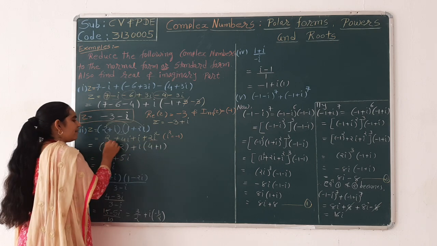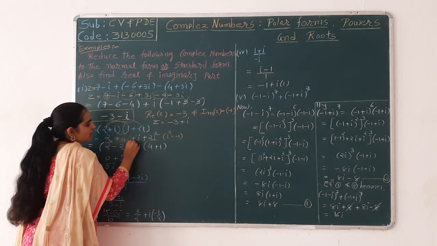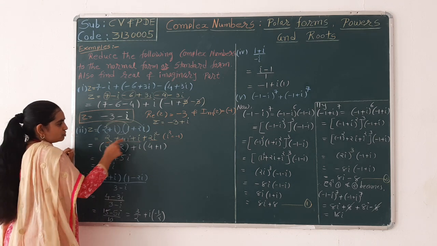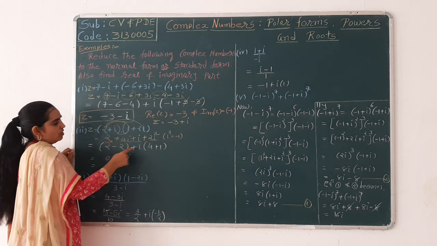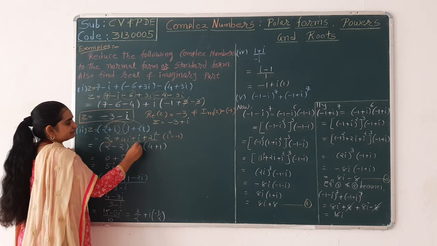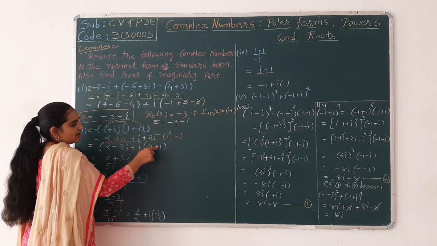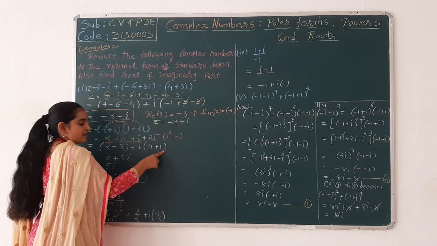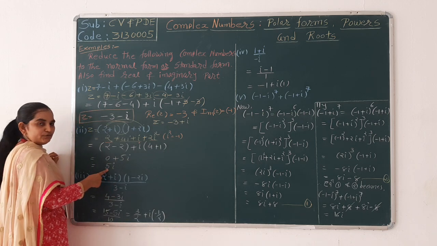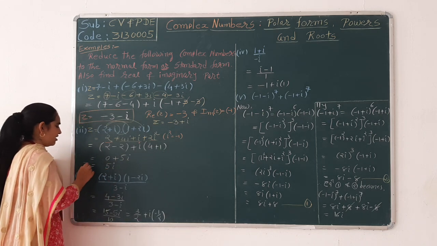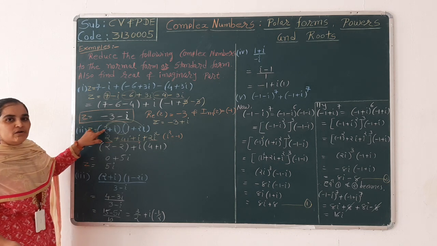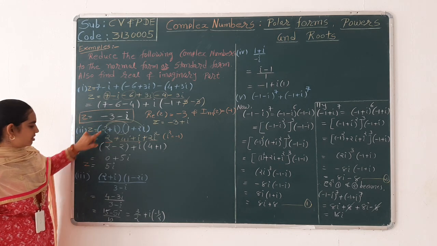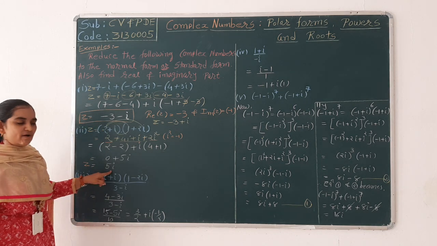This is your real part and this is your imaginary part. That means 2 minus 2 plus I common, 4 plus 1. Now simplify. 2 minus 2 is 0. 4 plus 1 is equal to 5, so 5I. This is your Z. The standard form of this complex number is Z is equal to 5I.